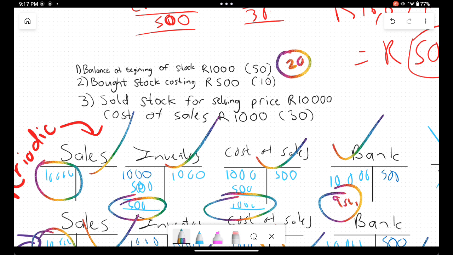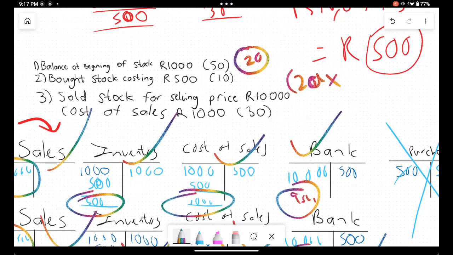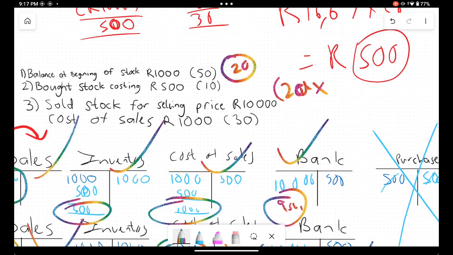You want to work out how much the 30 closing balance products cost. So you want to work out the end figure. There's only 20 here, that's fine. We'll say 20 times, what was the cost here? 1,000 divided by 50. That's 20, isn't it? 20.